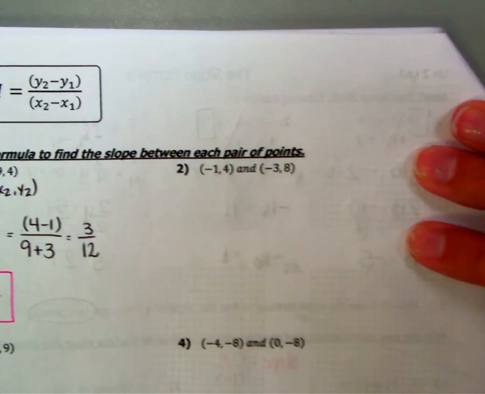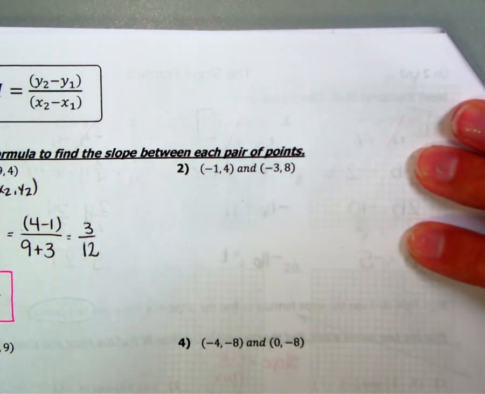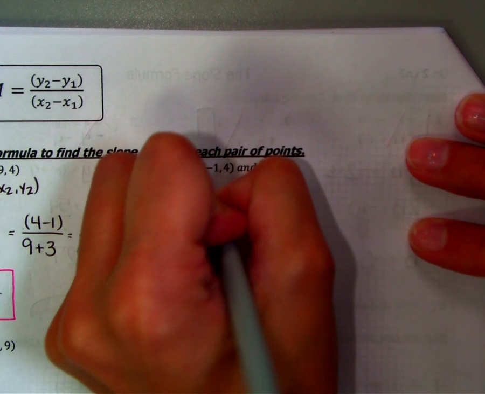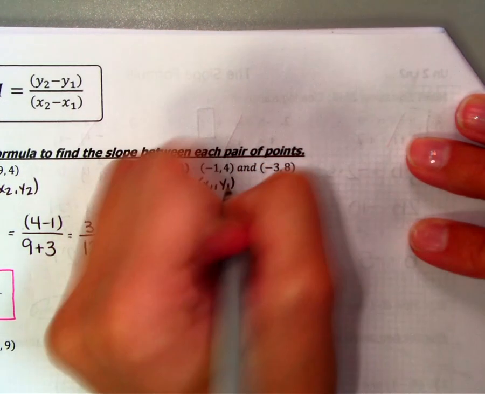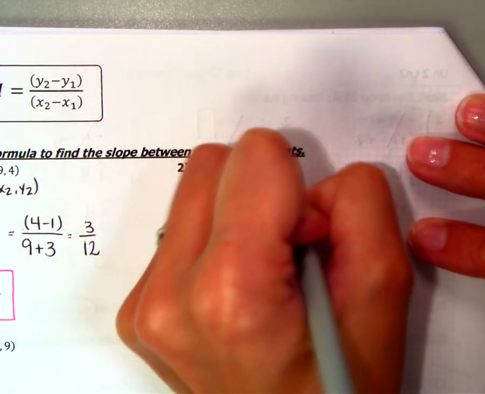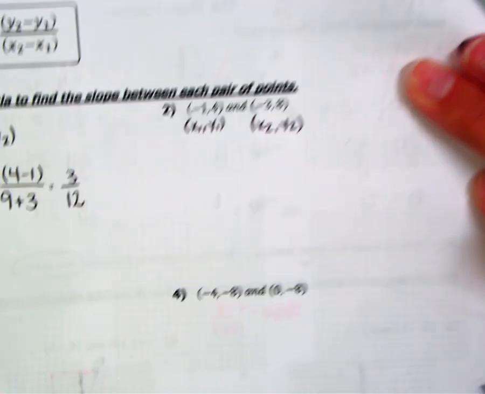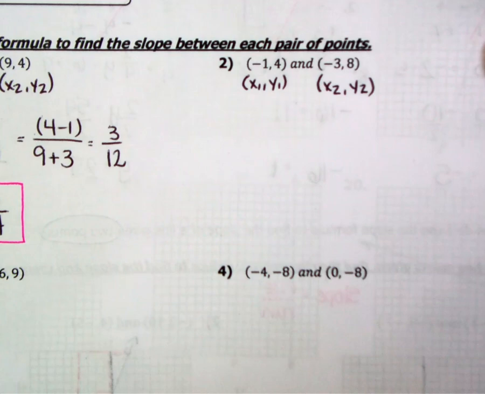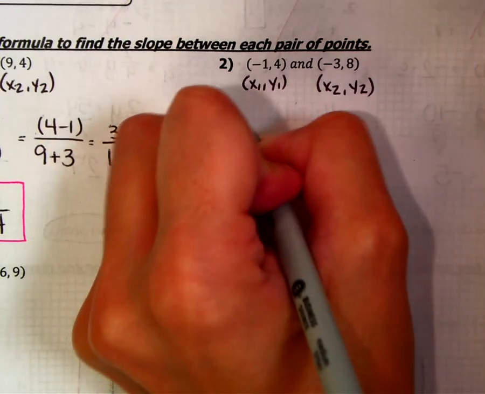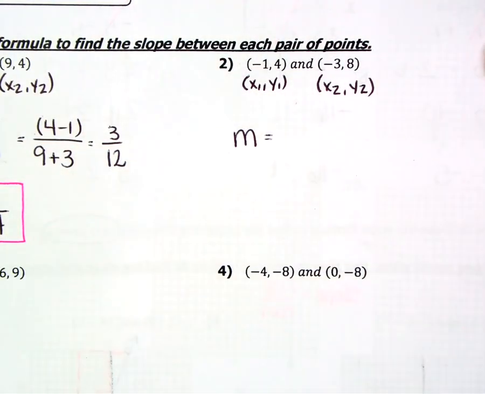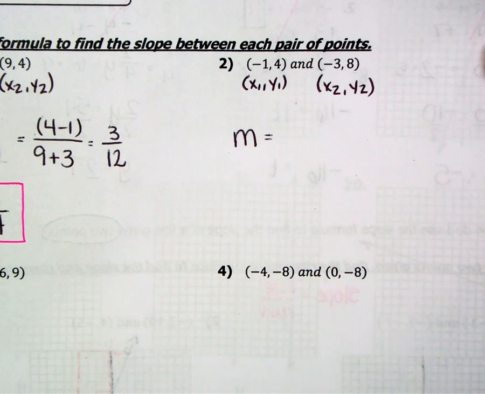All right, let's look at number 2. Negative 1, 4, and negative 3, 8. Since it's the first set, we'll say negative 1, 4 is x1, y1. Second set is x2, y2. But does it really matter? No. What goes on top of my slope formula, y or x? Y goes on top.